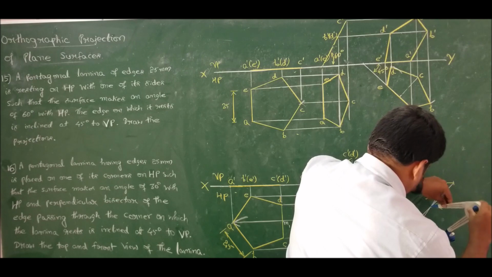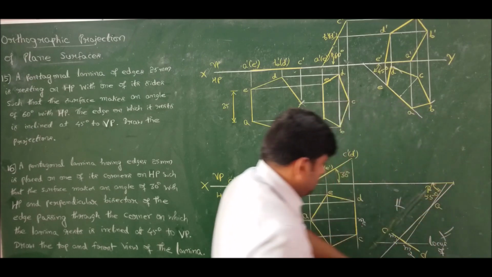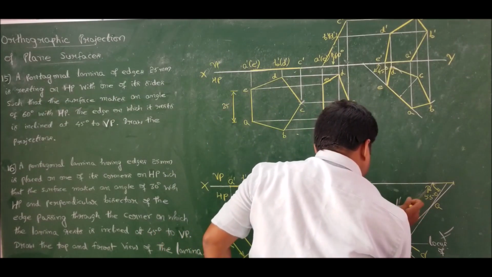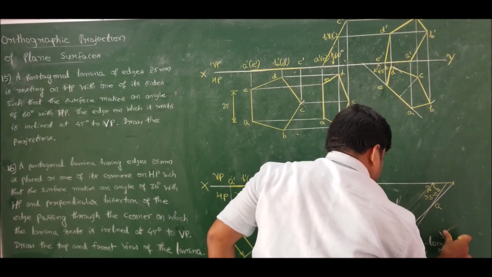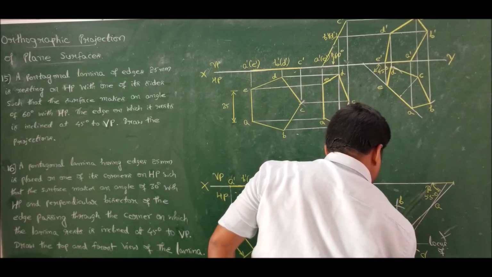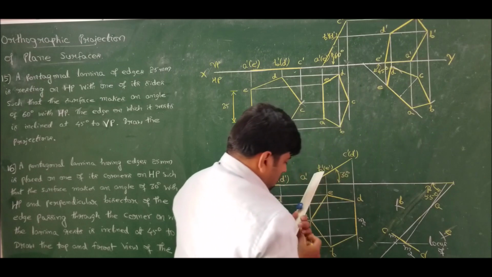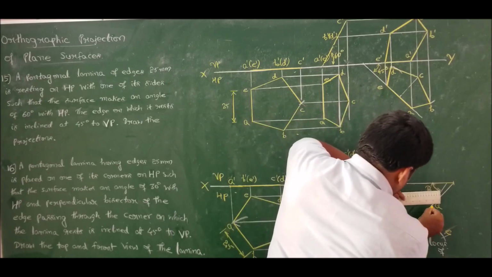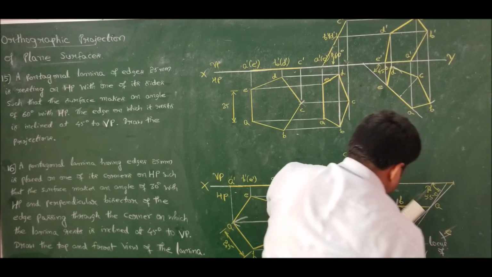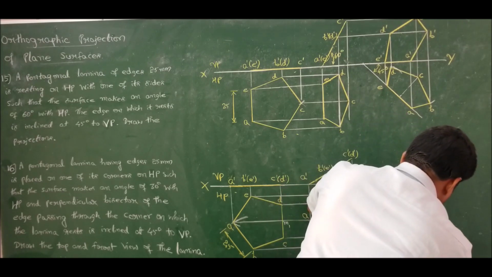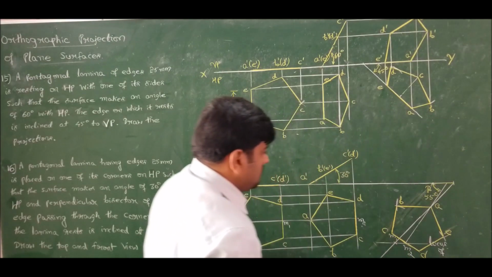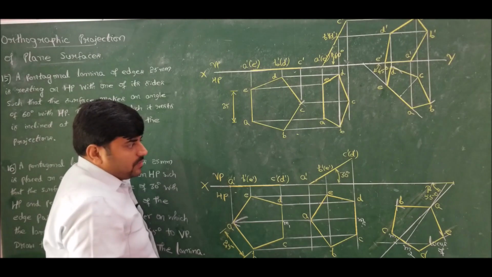Here also you cut an arc properly. So that will give us the points B, C, D and E. Now join these points. We have A to B, B to C, C to D, D to E and E to A. So this completes the required final position top view.